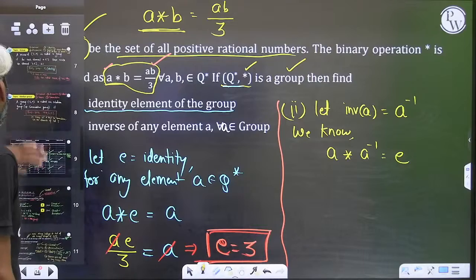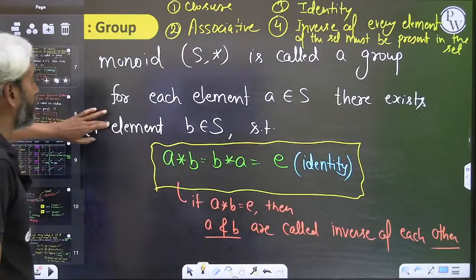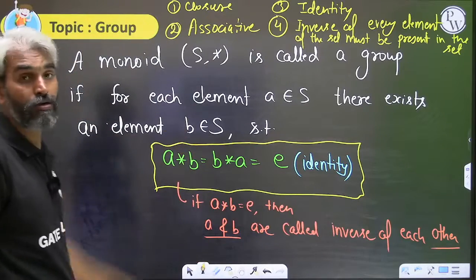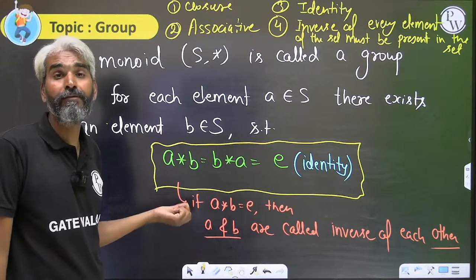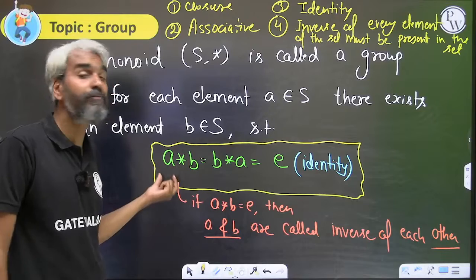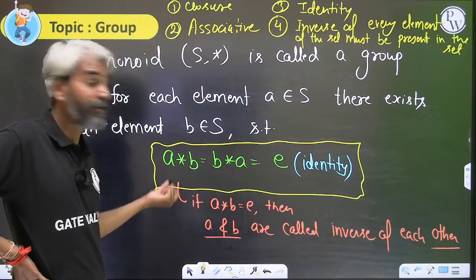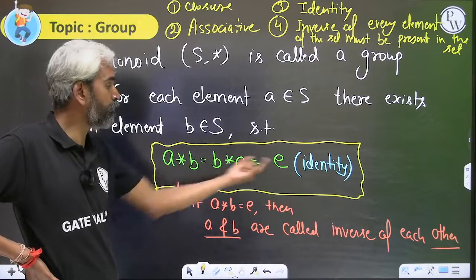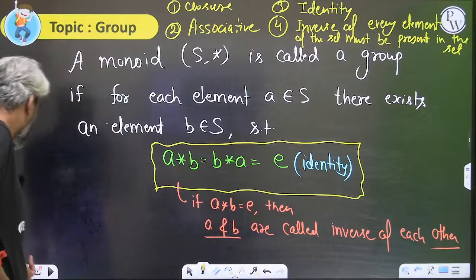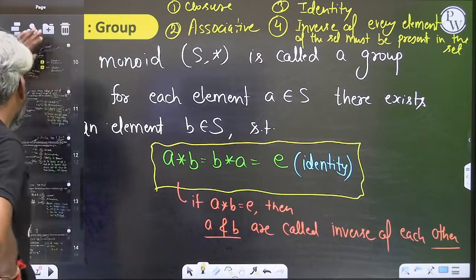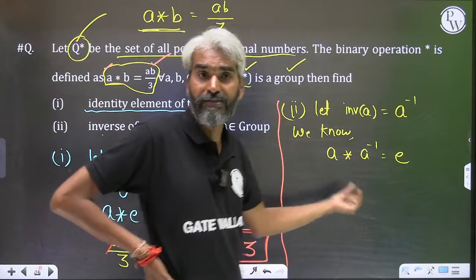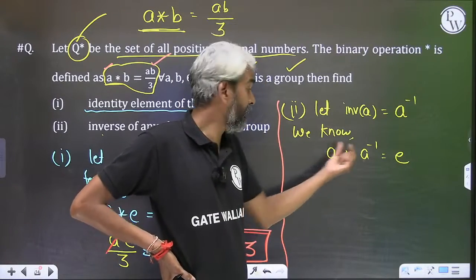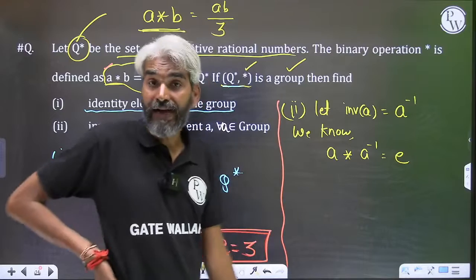For something to be called a group, an inverse should be present for every element of the set. If A and B are inverses of each other, then their binary operation will produce the identity element. So let's assume that the inverse of A is A inverse. Therefore, the binary operation of A and A inverse should produce the identity element.